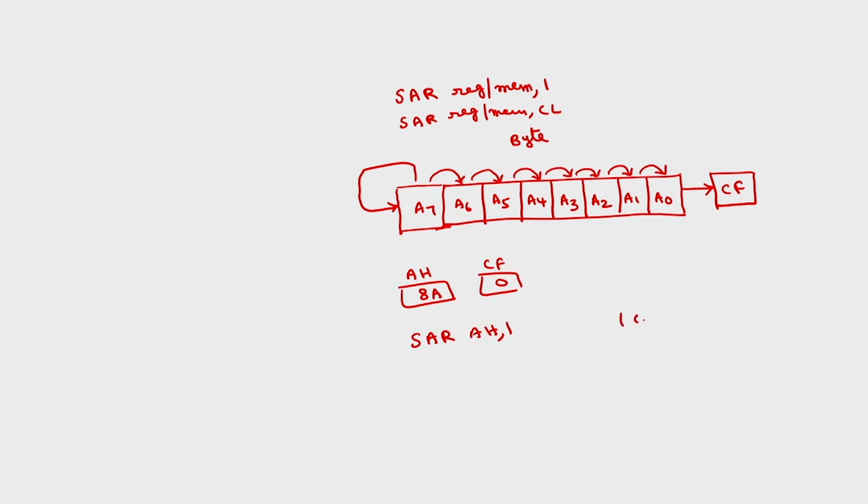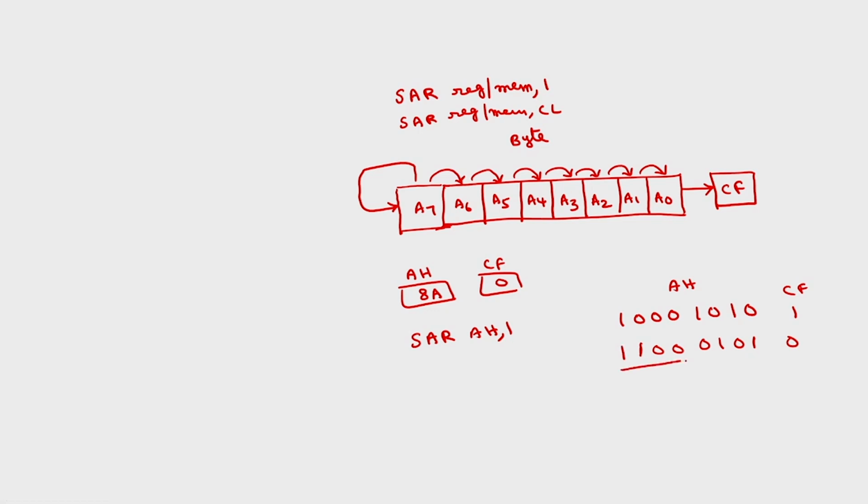8 will be 1000, A will be 1010, this is AH, carry flag is set, this is before the instruction. After the instruction what happens? This 1 will transfer to here, 0 to here, 0 to here, this 0 here, this 1 here, 0, 1, this 0 will go to the carry flag, the same 1 bit will be copied here also.